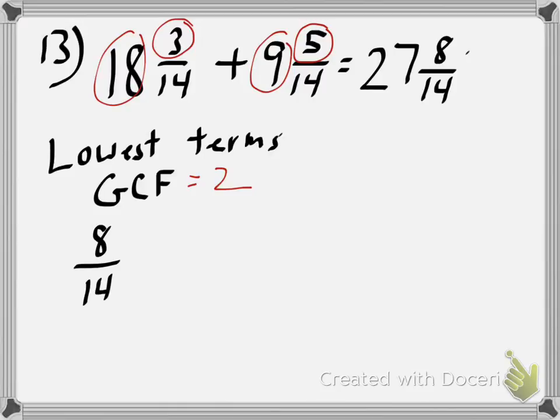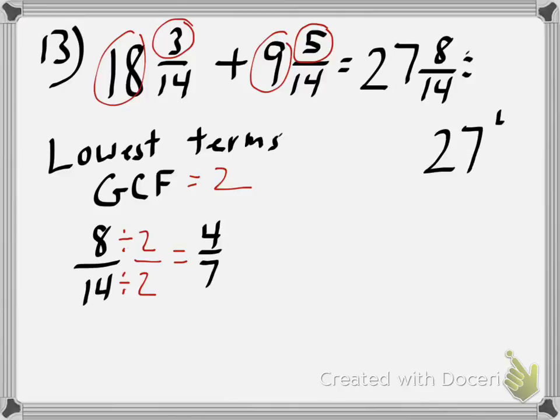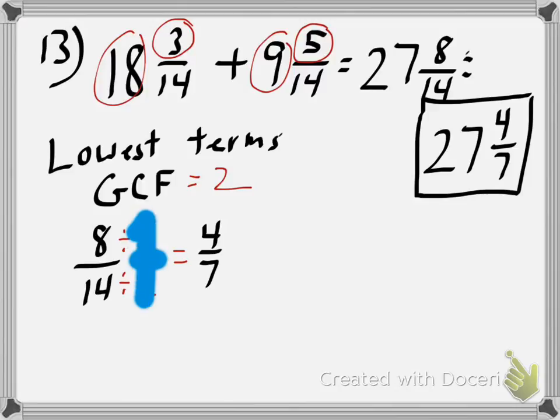You can divide 8 by 2, and you can divide 14 by 2. And that is going to give us 4/7. So the whole number will stay the same, 27, and 8 reduces to 4, and 14 to 7, 27 and 4/7. And once again, when we do this 2 over 2 here, any number over itself is 1, and anything divided by 1 is itself.